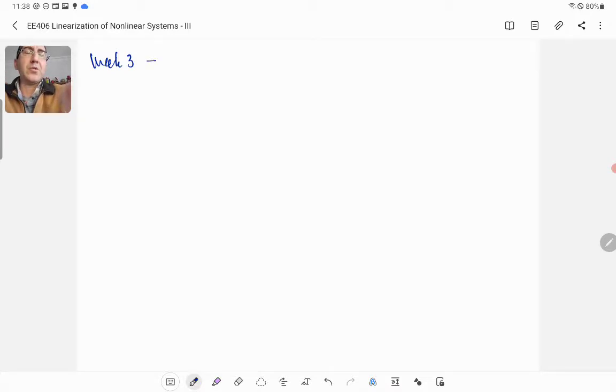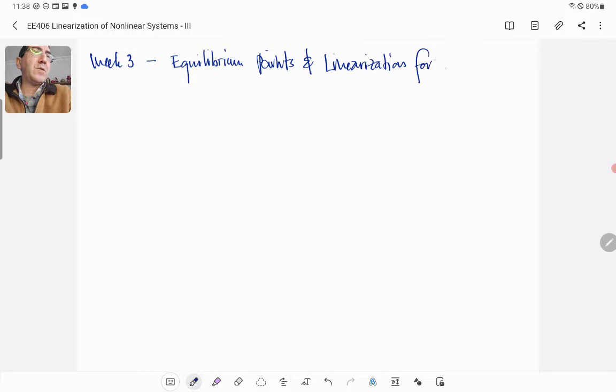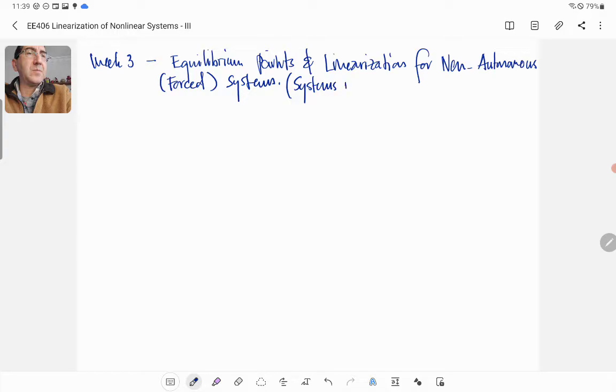And we will continue here with equilibrium points and linearization for non-autonomous or forced systems. Okay, so these are systems with input.